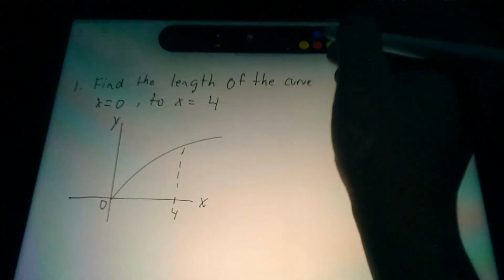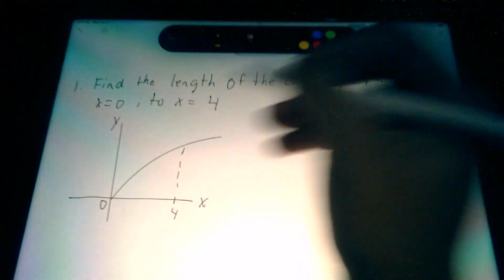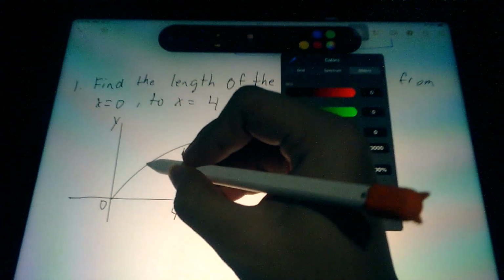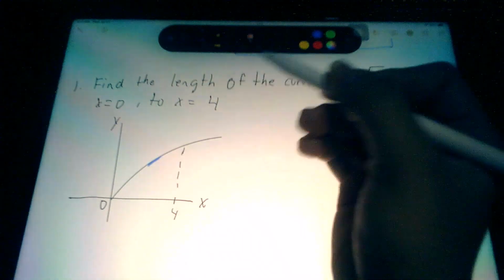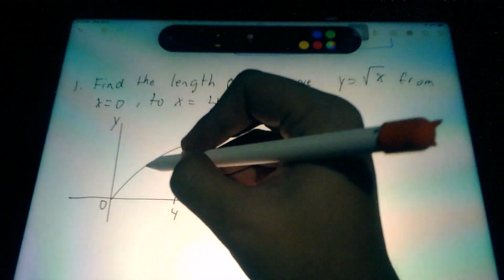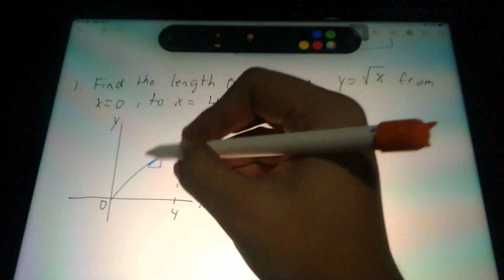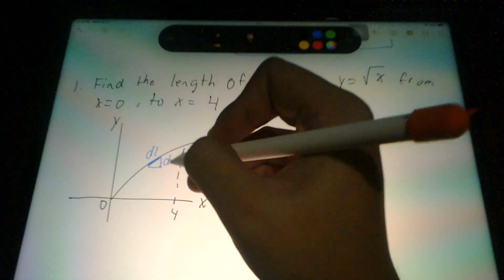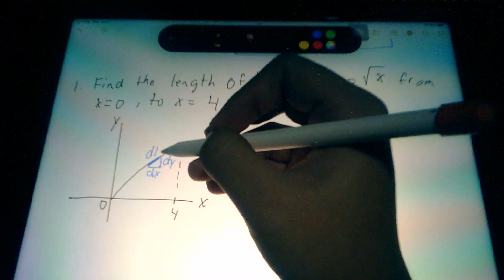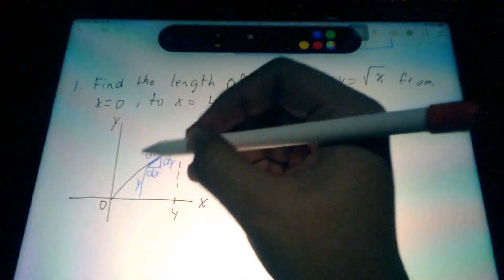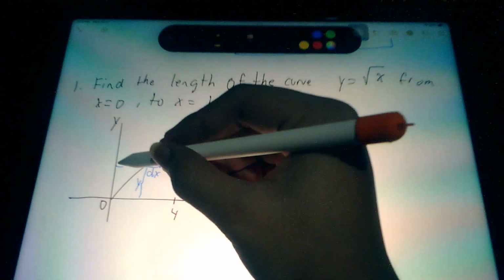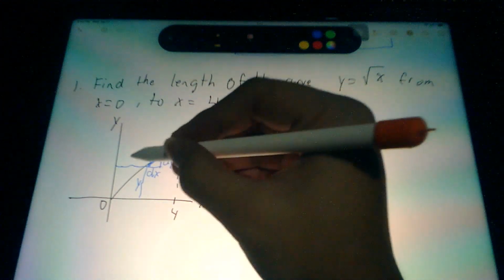Now we are going to make a strip here. Let's say we put it here. Can you see it? It's right here. And say this is dl, this is our dy, and this is our dx. The height of this is just equals to y, and from the origin to our strip here, this is our x.